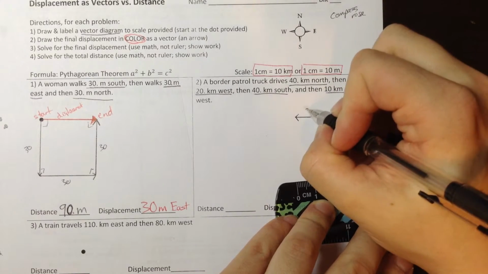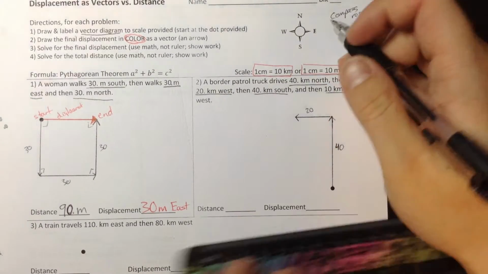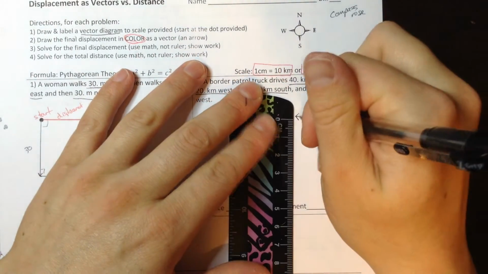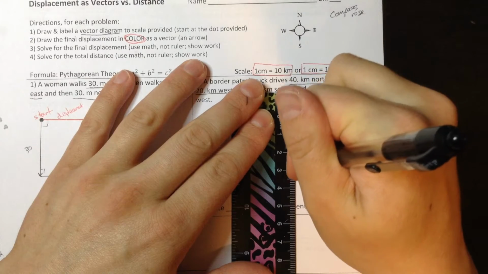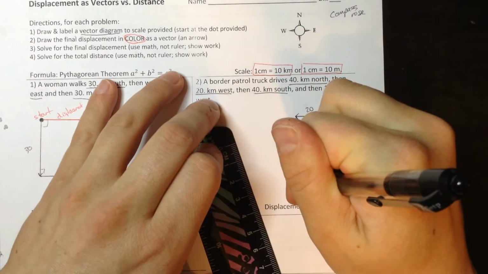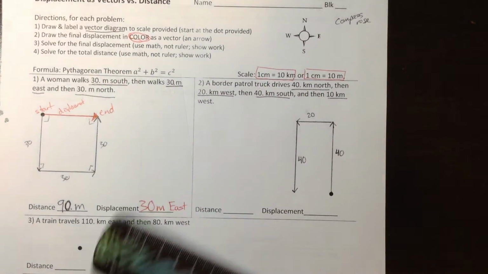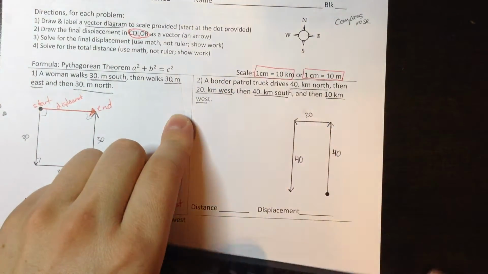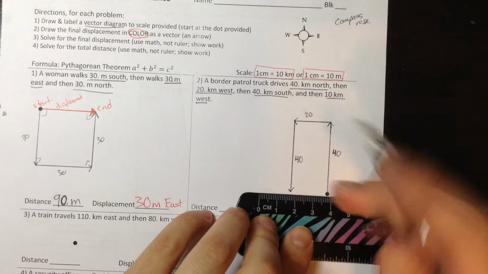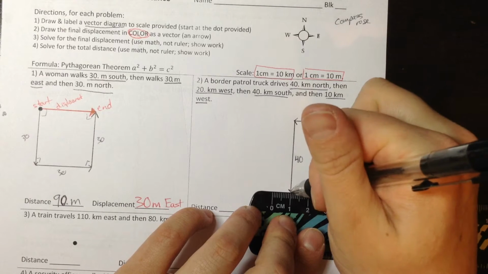Okay, 20 kilometers west. And then 40 kilometers south. So from that point, 10, 20, 30, 40 kilometers south. And then 10 kilometers west. So going west again, that direction, 10 kilometers, that's just going to be 1 centimeter.